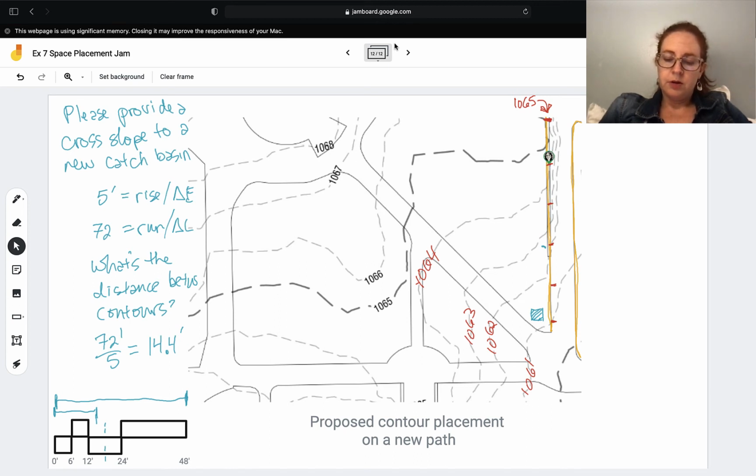Let's see. 1062, 1063, 1064. Oh, I did something wrong here. Let's go back. 1, 2, 3, 4. 1, 2, 3. Oh, I was wrong. I caught my error. It's 4 feet in rise.